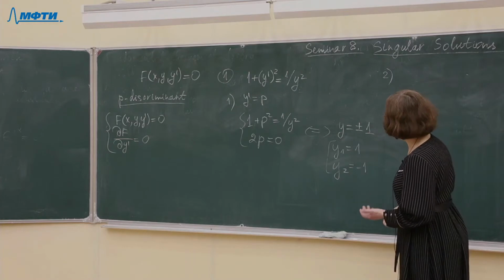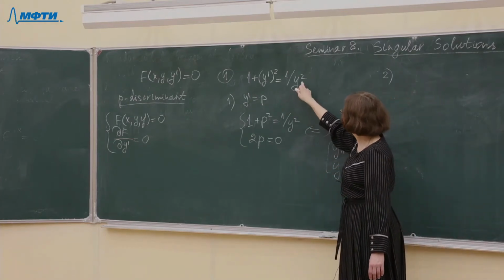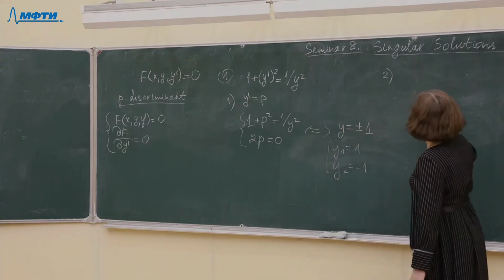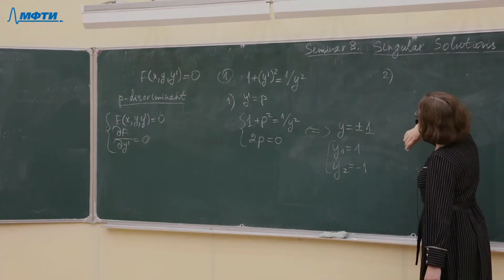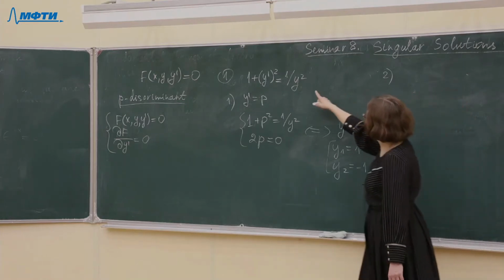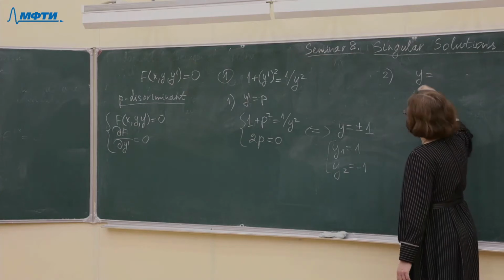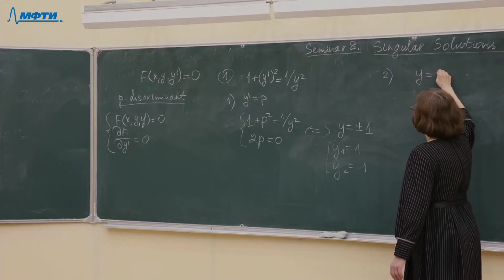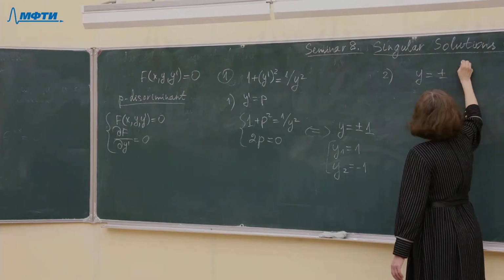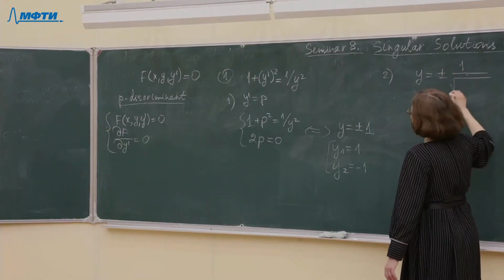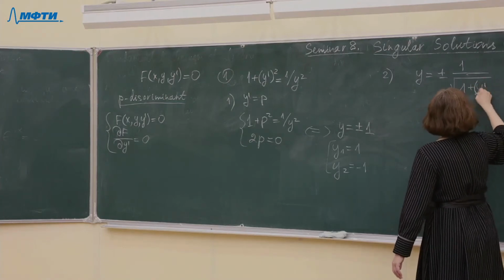In order to do this, we should solve the original differential equation. So let's solve it. For simplicity, I will solve this for y. So y equals plus or minus 1 over root 1 plus y prime squared.